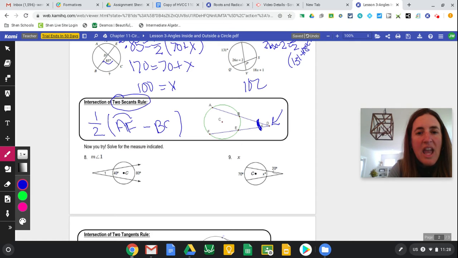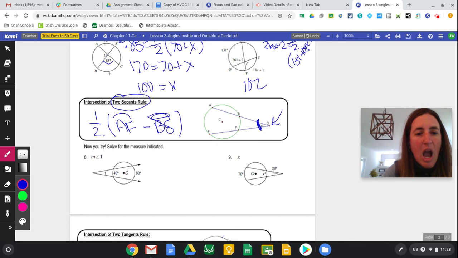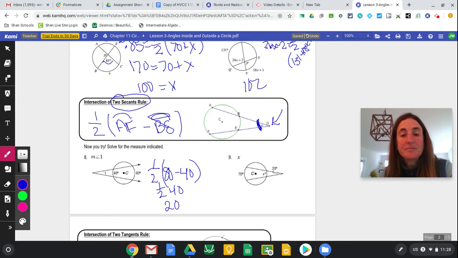Before, it didn't matter which arcs were which, but this time it does. You take the arc that's furthest away and subtract the arc that's closest. So here I go. I'm finding angle 1. It's half of the arc that's furthest away minus the inside. So half of 40 makes the angle 20.